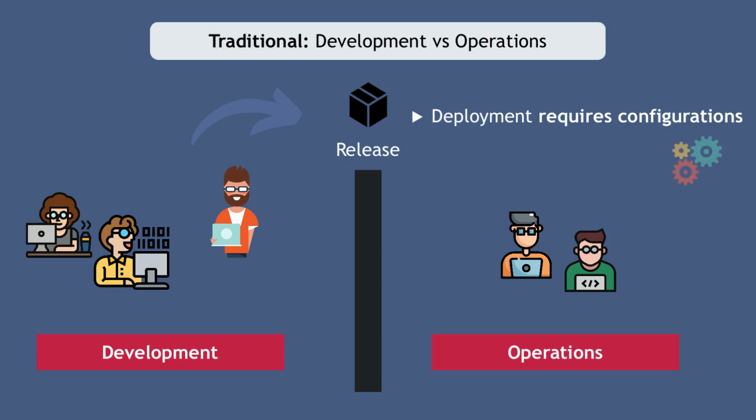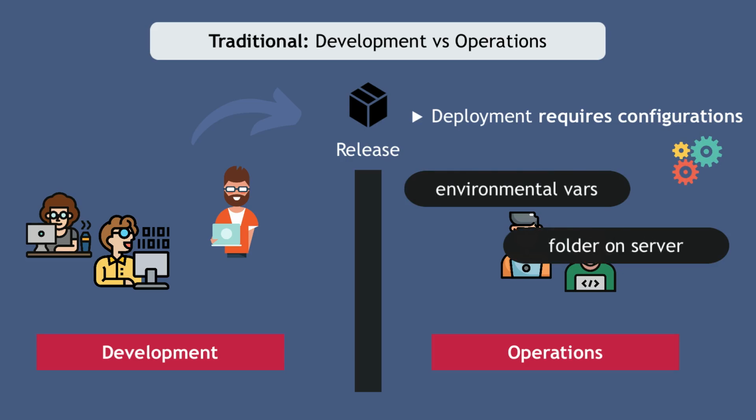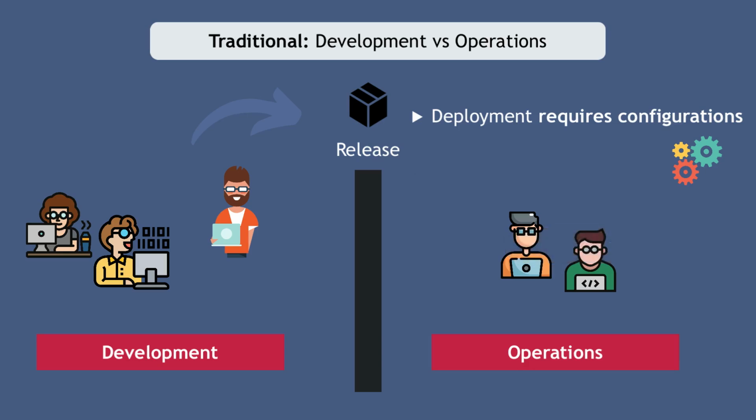For example, it needs some environment variables. It needs a space or a folder on the system to log to. It could be any type of configuration the application needs, or it may need a database, for example, with a certain configuration. So whatever it is, the operations team has to prepare the server and the environment where the application runs before deploying that application.